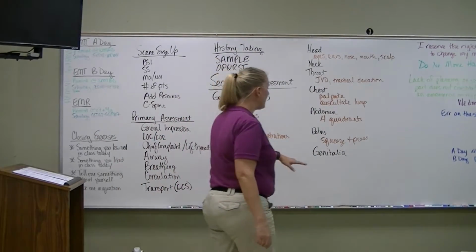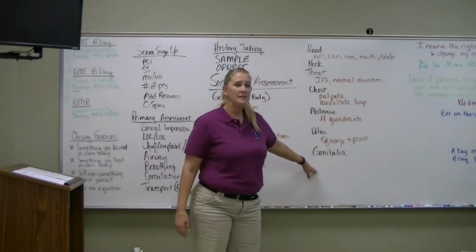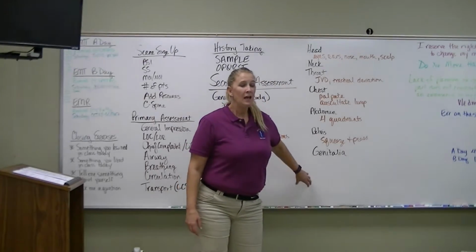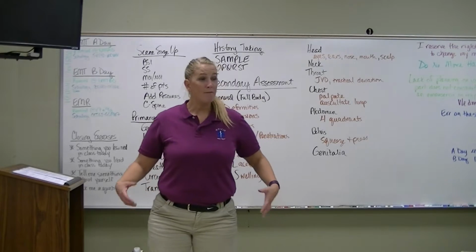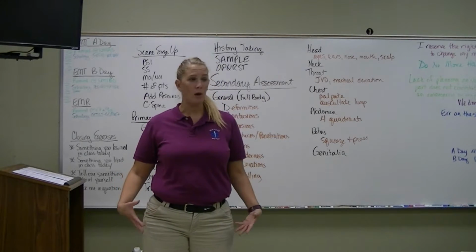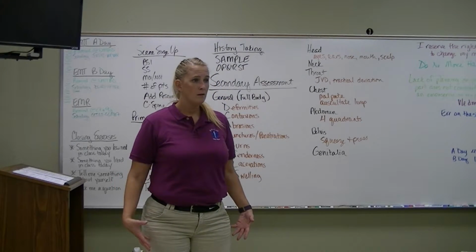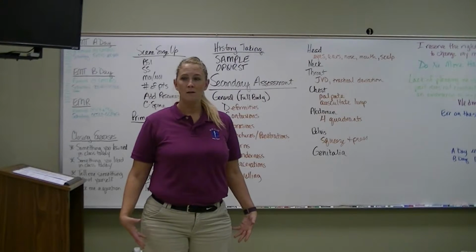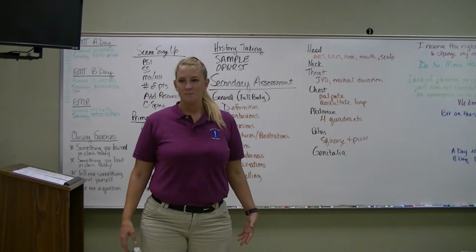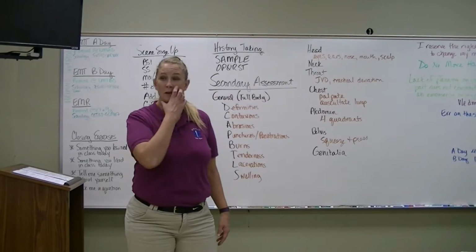If you have a spinal injury that causes priapism, that spinal injury has caused you to have massive vasodilation of the lower half of your body. Which also means all the volume in the rest of you is going to go down there. Yep, and you're going to start experiencing shock.